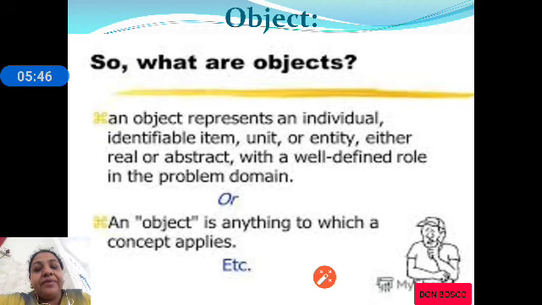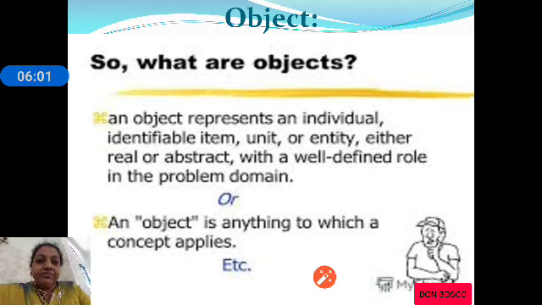For example, area can also be an object. An object is an identifiable entity which will be represented in the program.